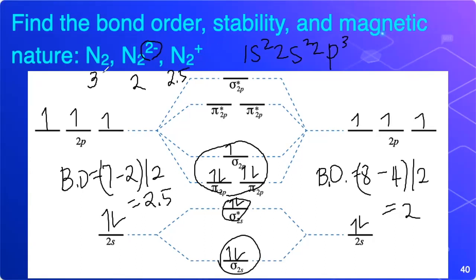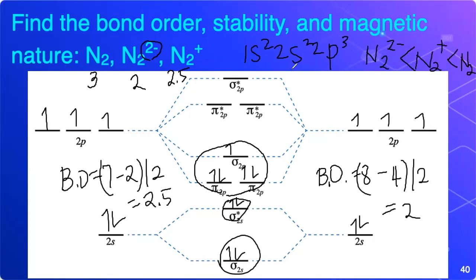The bond orders are 3 for N2, 2 for N2 negative, and 2.5 for N2 positive. So if we're going to arrange these according to increasing bond order, sino yung mauuna? Una po yung N2 negative, then N2 positive, then N2.